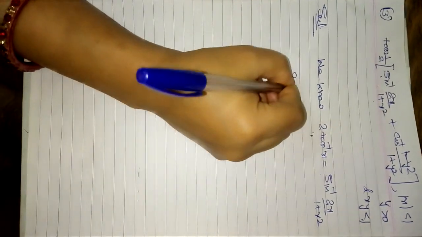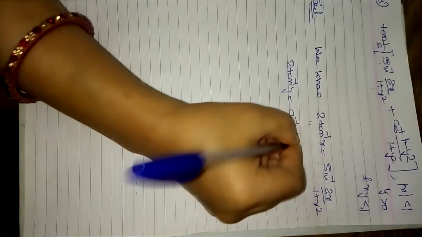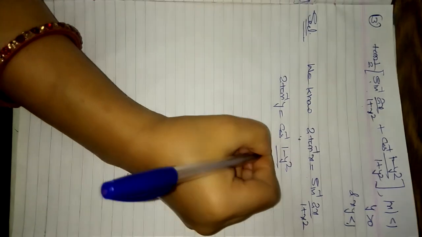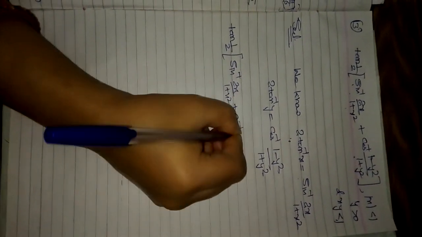This is the formula. Similarly 2 tan inverse y is equal to cos inverse 1 minus y square upon 1 plus y square.